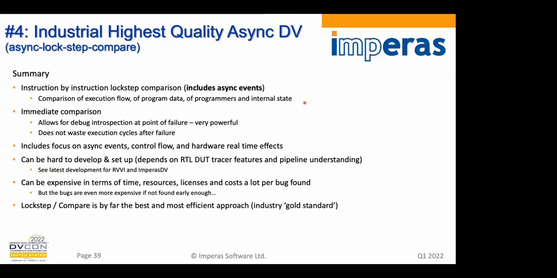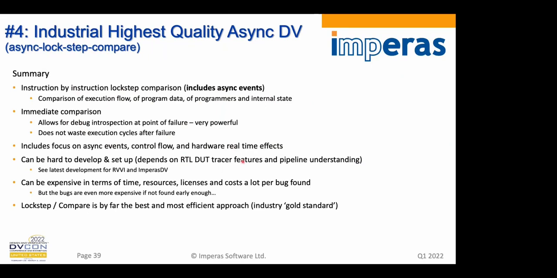So in summary, this sort of level 4 here, this asynchronous, is instruction by instruction lockstep, including the asynchronous stuff. You get an immediate comparison. So it's very powerful, so you can see when things go wrong, what's going on in there. You can handle hardware real-time effects, multi-core issues, out-of-order issues and things like that. But it is going to be quite hard to set up.